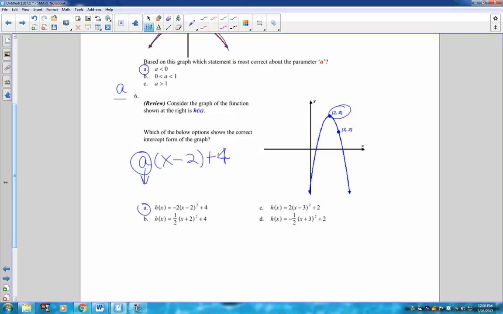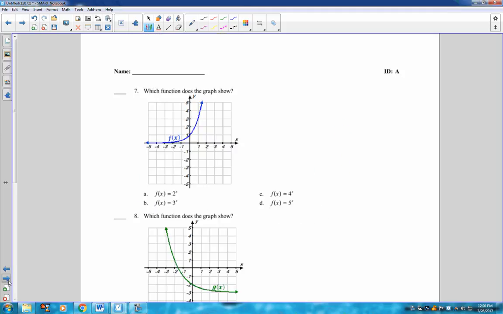Okay, number 7, the answer is B. It asks you to find out which of those equations match this graph. All right, this has the ordered pair (0, 1). That means if I put in a 0 for x, I need to get out a 1.